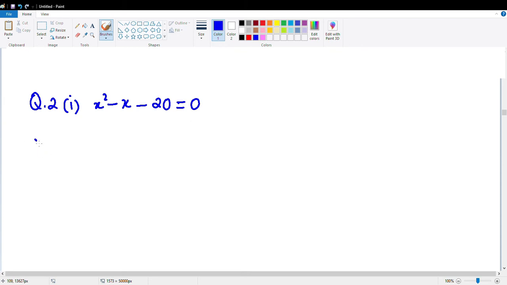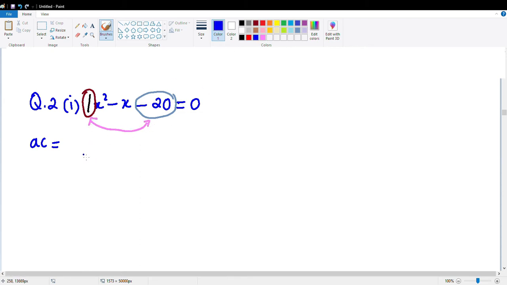AC is, as you know, the product of the coefficient of x squared and the constant. The coefficient of x squared, let me write here, is 1, and you can see this is the constant right over here. So A and C, and we need to multiply them together.